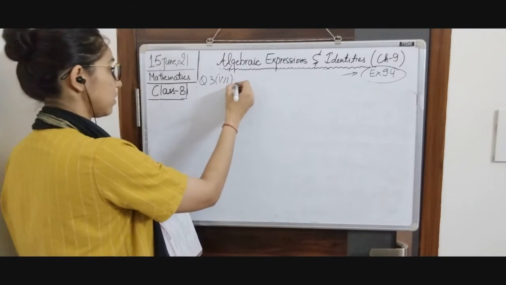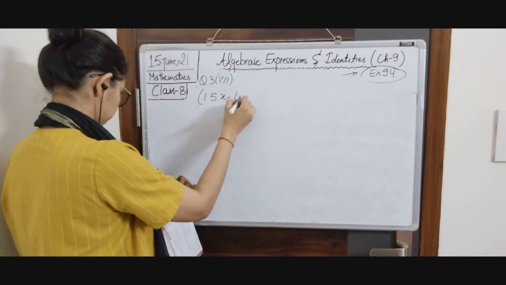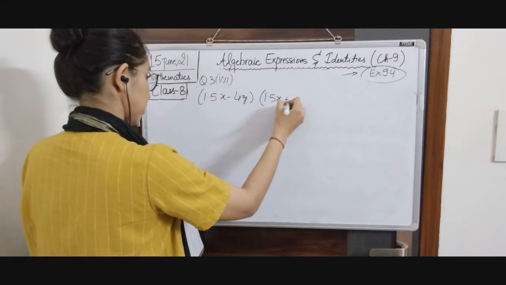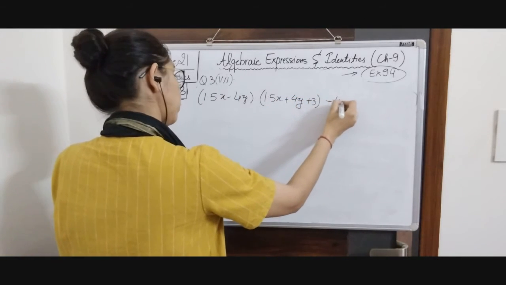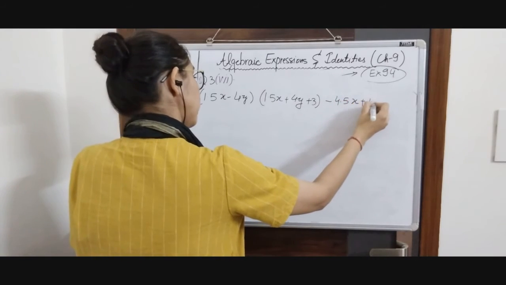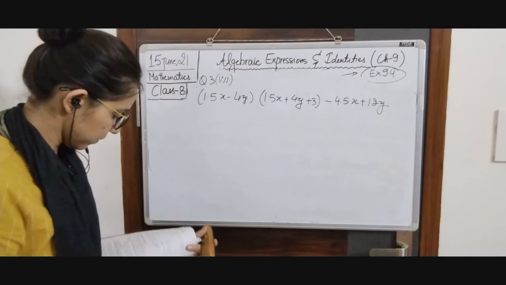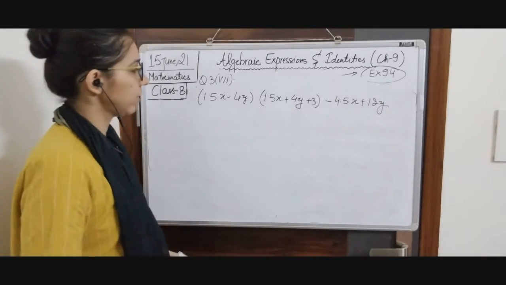Seventh part is (1.5x − 4y)(1.5x + 4y + 3) − (4.5x + 12y). Alright, we have decimals.